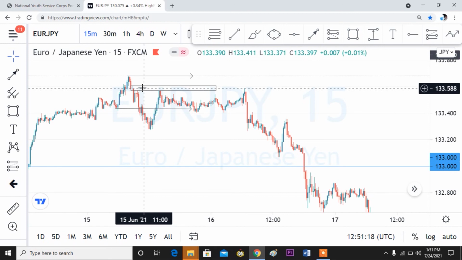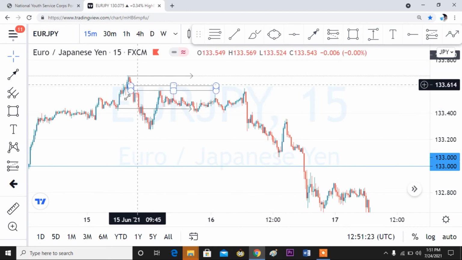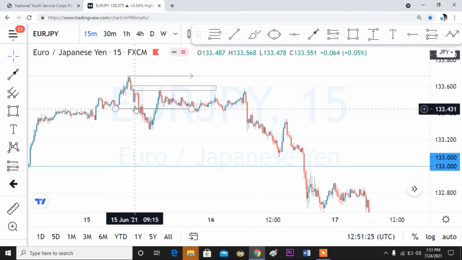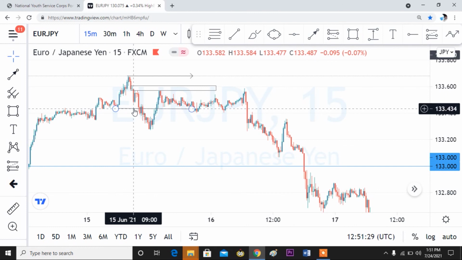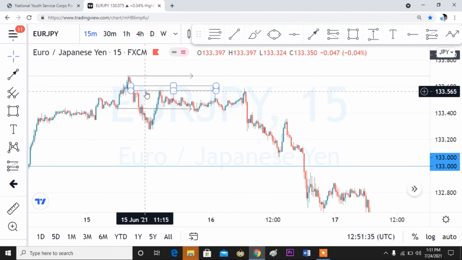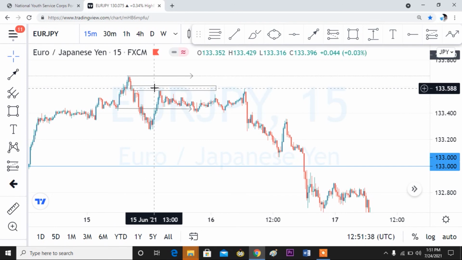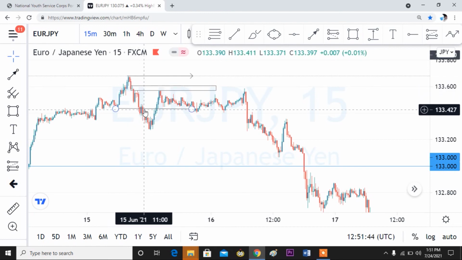So here is the bullish candle that resulted in this rally down, this break of market structure. After the market breaks through this previous market low, we have to wait for a retracement back to this candle. Then here is going to be our point of interest, with our stop loss just above the wick of the last bullish candle that resulted in the break of market structure to the downside.